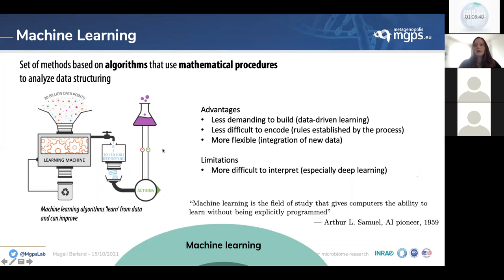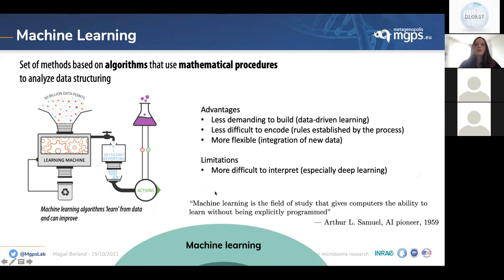The advantage is that it's less demanding to build because it's data driven. It's less difficult to encode, and it's more flexible to, for example, integrate new data. But it's more difficult to interpret, especially for deep learning, but we will discuss this a little bit later.